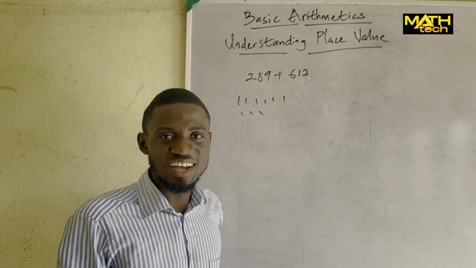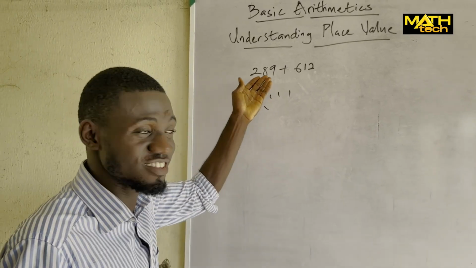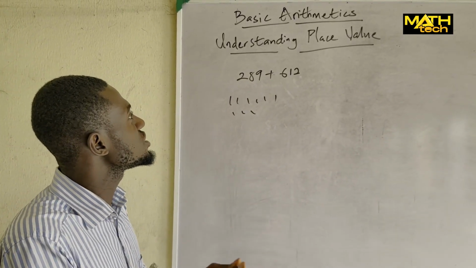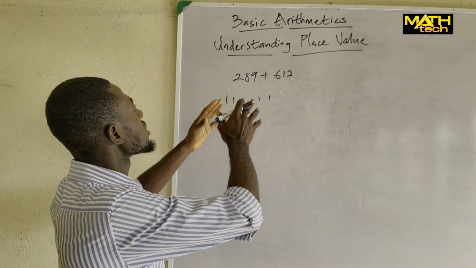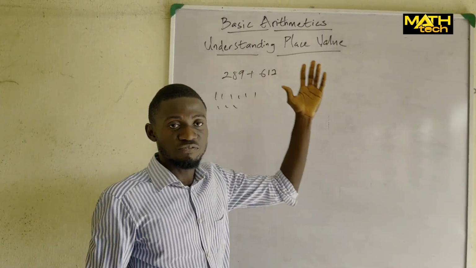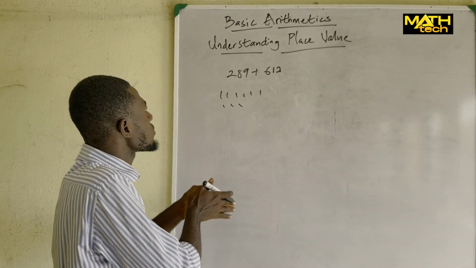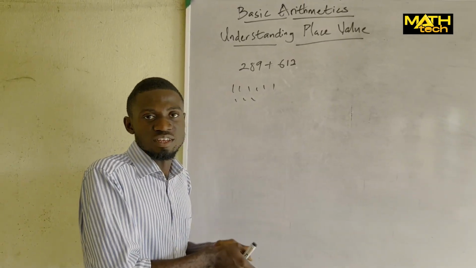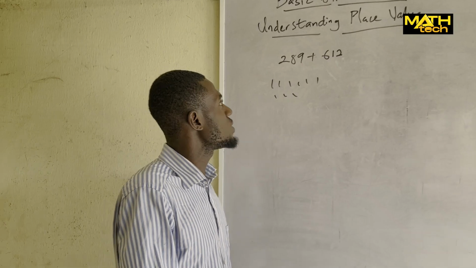You get tired, even before counting 100 sticks. But now I'm introducing us to the concept of place value, and today we'll be talking about understanding place value and others that we are to learn in the remaining part of the series. So let's kick start.